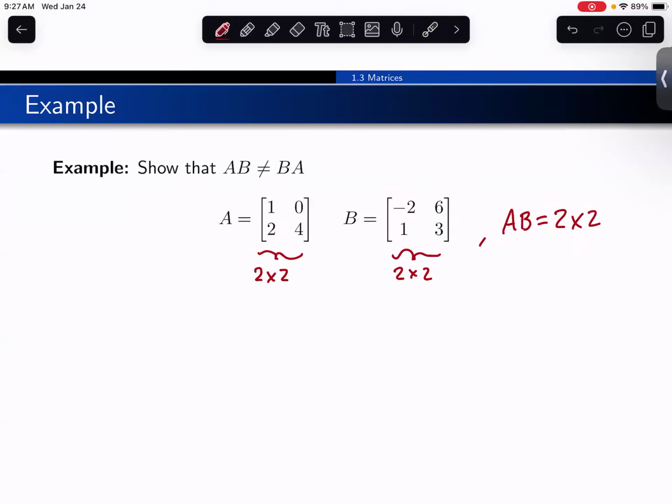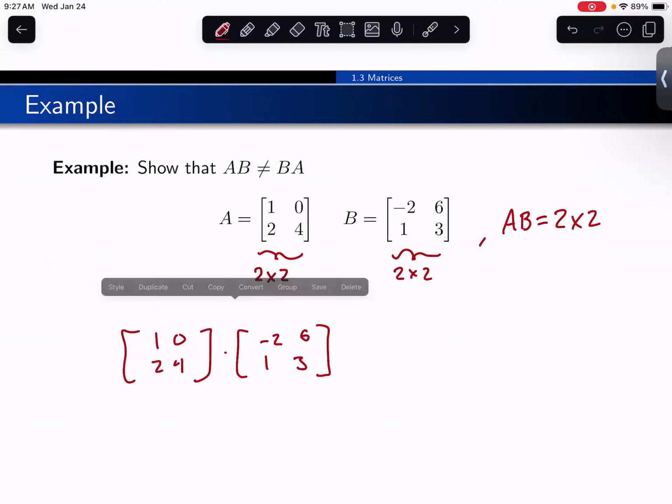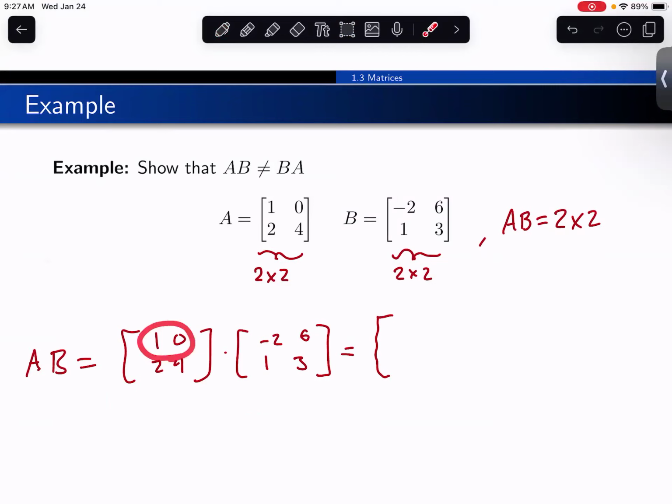And so if we want to multiply these 2 matrices with one another, this is 1, 0, 2, 4, times minus 2, 6, and then 1, 3. Oh, I should label this. So this is AB, or A times B. So the first entry of our new matrix is going to be the dot product of 1, 0 with minus 2, 1.